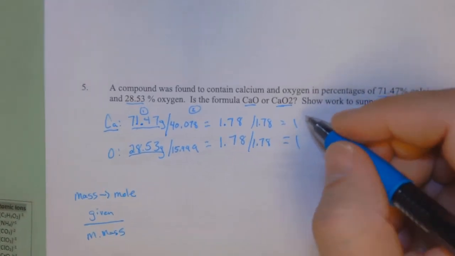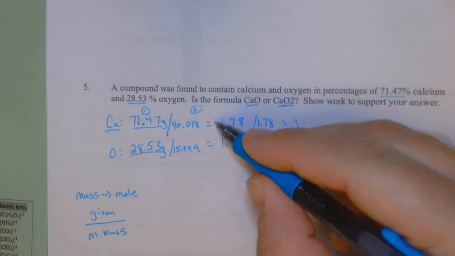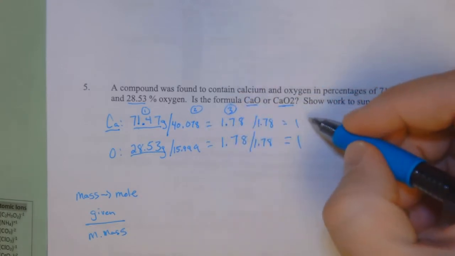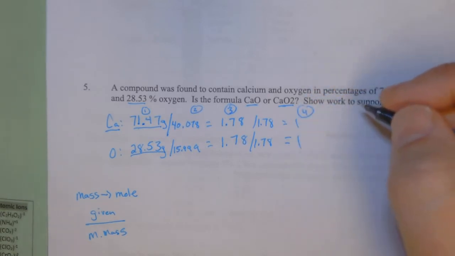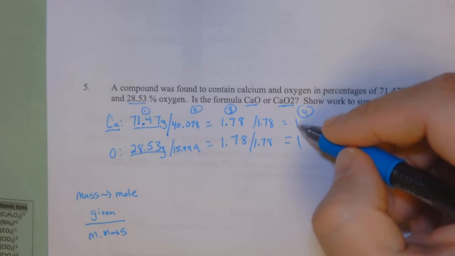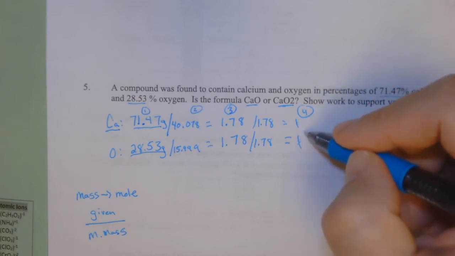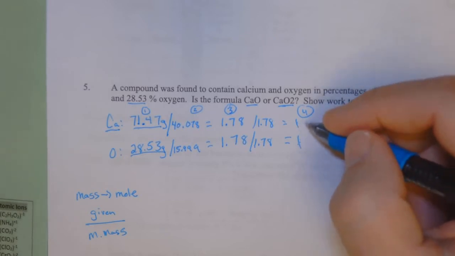So this was mass to moles, then divide by the smallest, which was step 3. The very last one, step 4, is multiply until whole. Both of these are whole numbers right now. If they were decimals, we'd have to multiply to make them whole numbers, but here we don't need step 4.